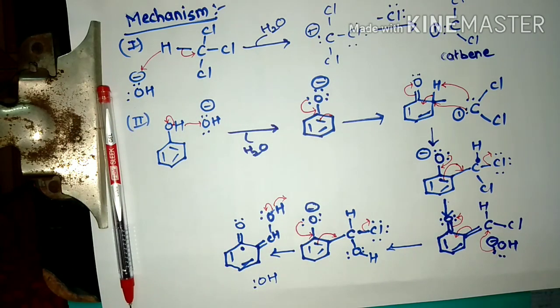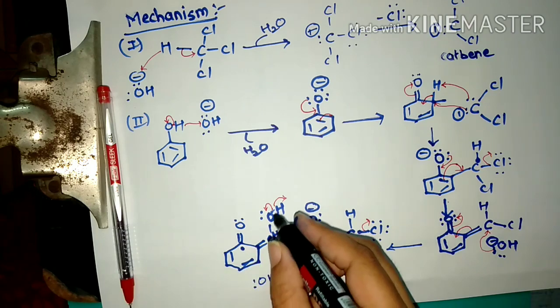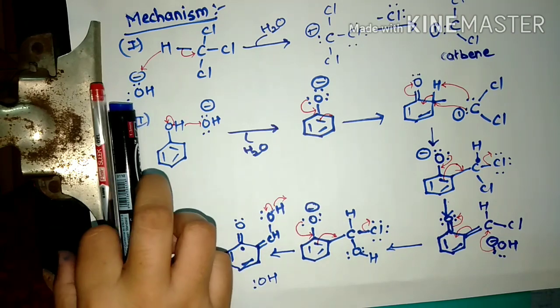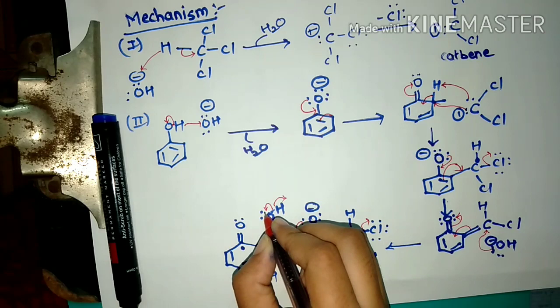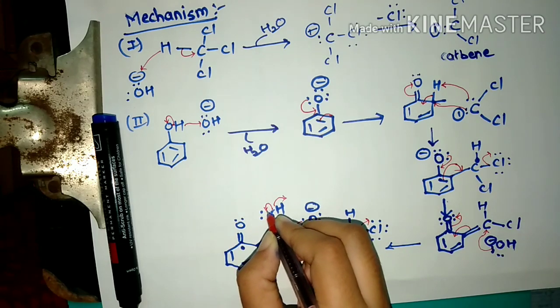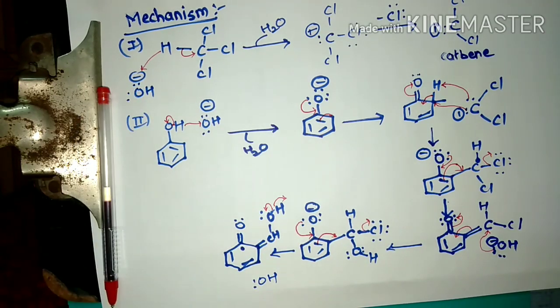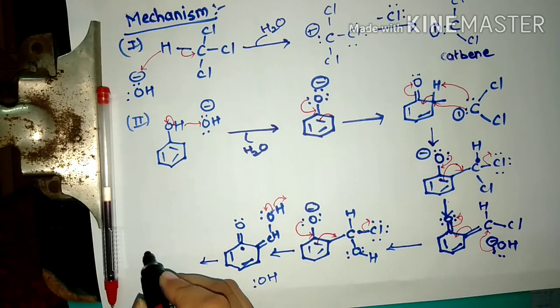Now what will happen? The shifting of the bond over here will form a lone pair of electrons, and this lone pair which is formed over here, so there will be formation of this compound.